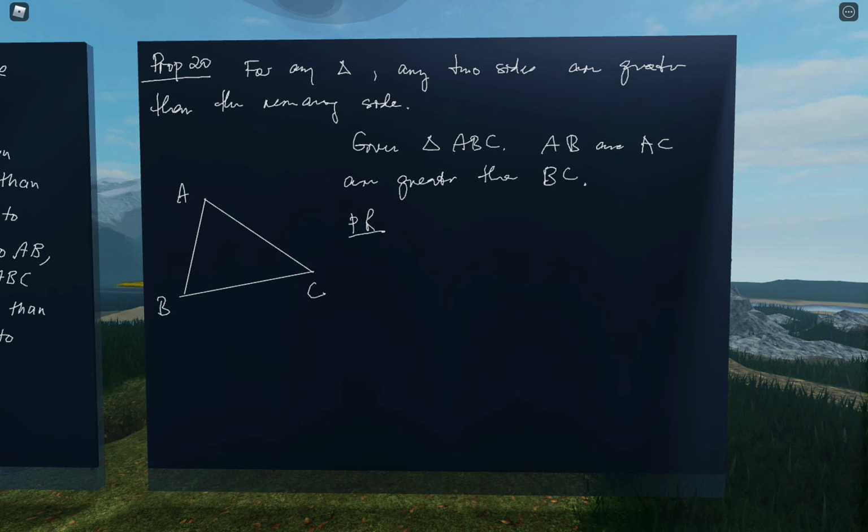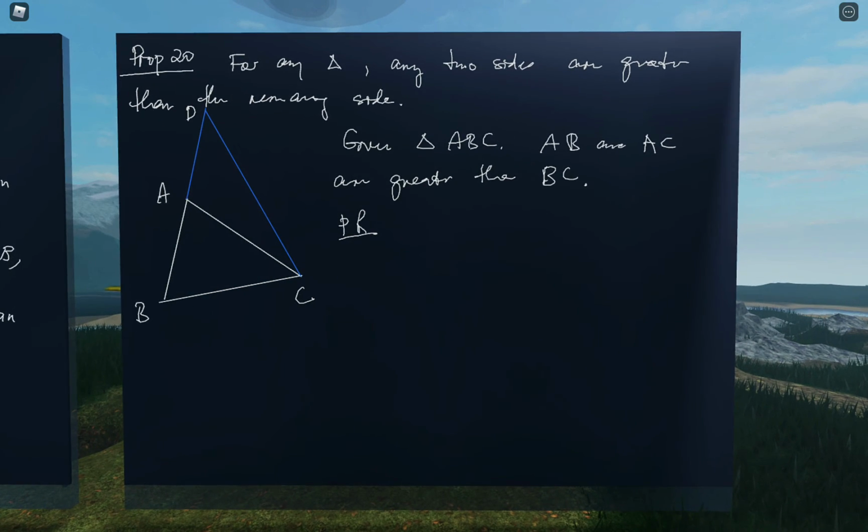Okay, so we're going to extend, hopefully this time with these lines, my diagram will still fit. So we're going to extend this line here up to there, and we're going to join up the point to C. And the definition of this point here, D, is such that these two are the same.